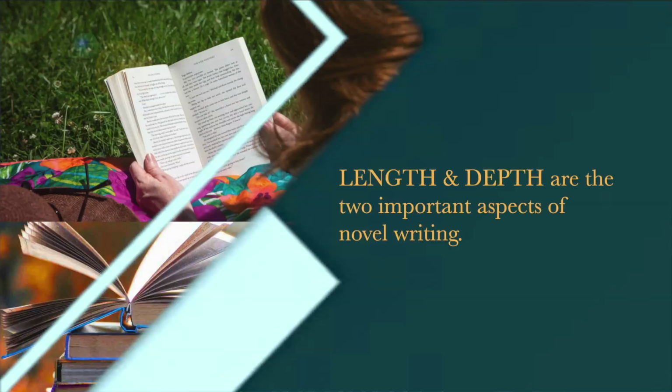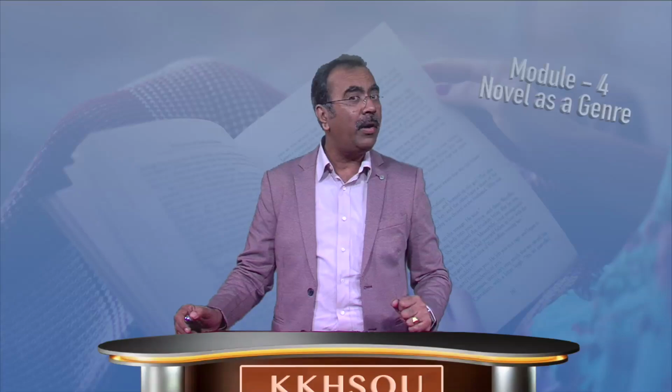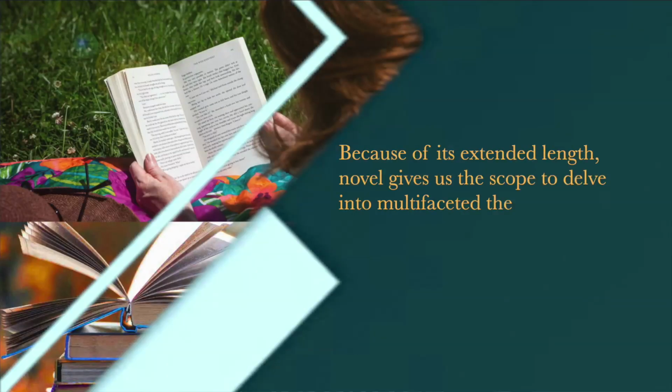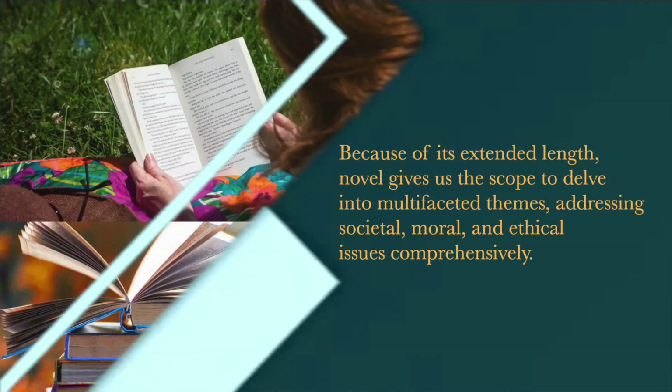So, length and depth, these are two very important aspects of novel writing, or these are features that we find in a novel. It has extended length and it enables, because of the extended length, the first point that we noted, it gives us the scope to address societal, moral, ethical issues comprehensively in detail.